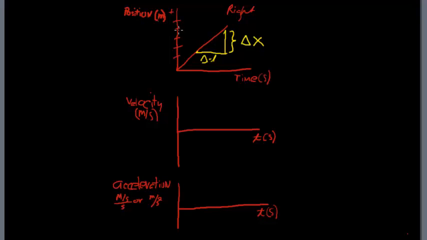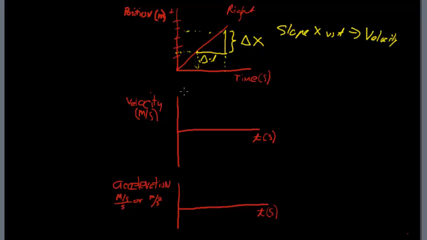So the slope of my position versus time graph tells me my velocity.